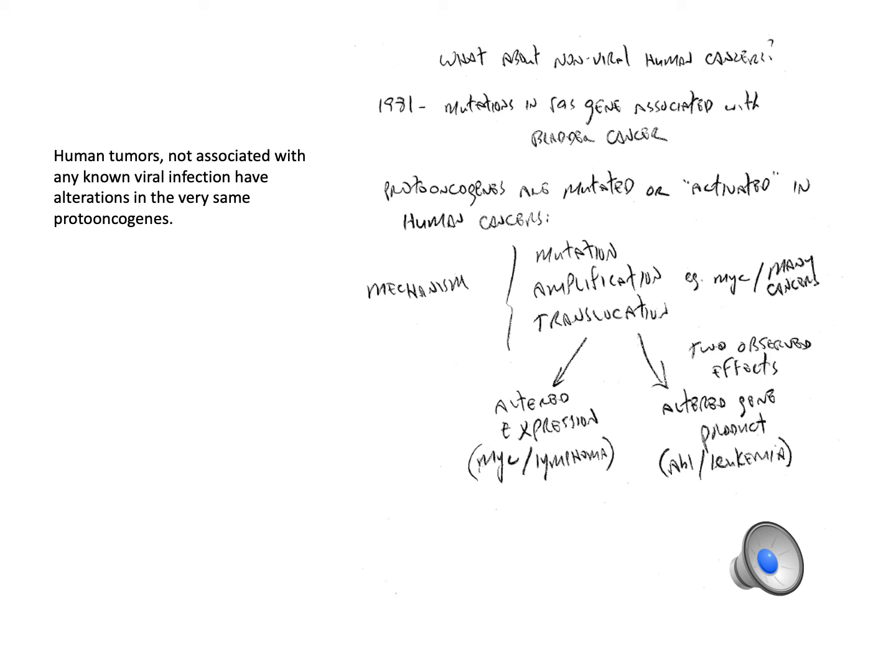So people started looking for genes associated with human tumors, and in 1981, there was a very classic experiment that was done looking at bladder cancer. This was done by an individual named Weinberg, who was at MIT.